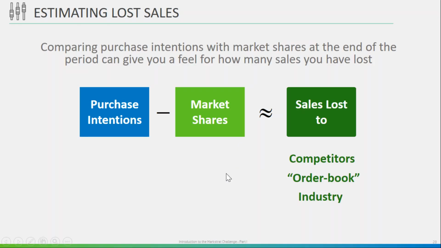It's kind of good, but how many units could you have sold if you had an unlimited supply? So if customers show up at a store to buy your product and they can't find it, what do they do? They oftentimes buy the competitor's product. So the difference between purchase intentions and market shares is going to be roughly how many sales that you lost.